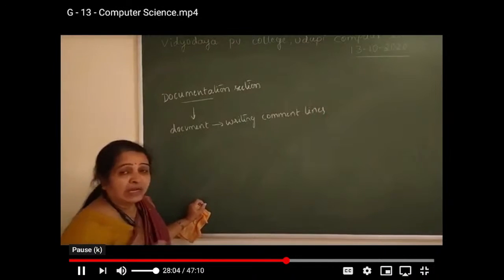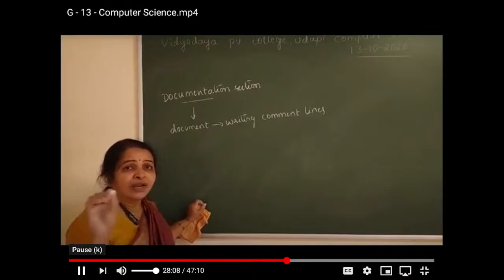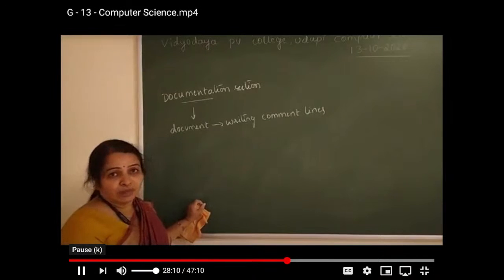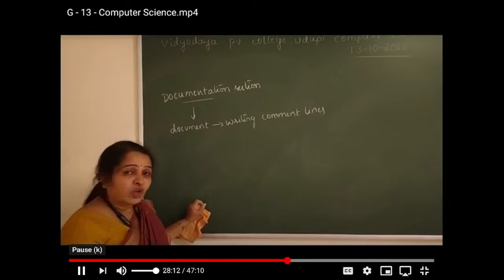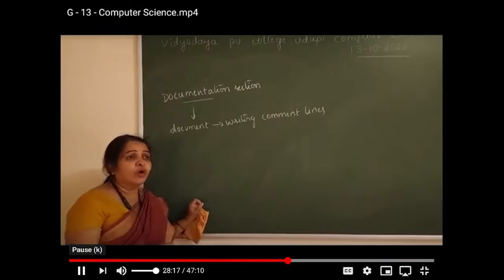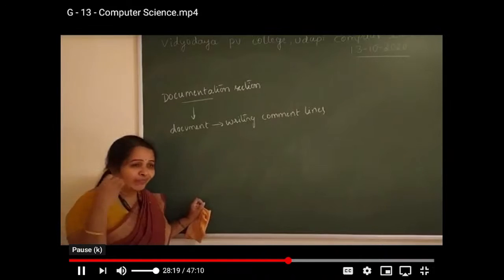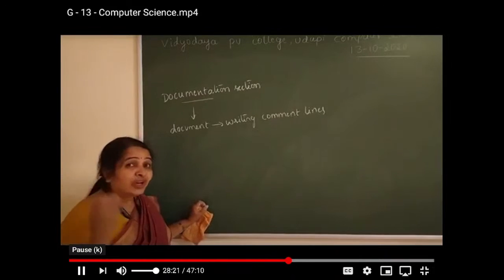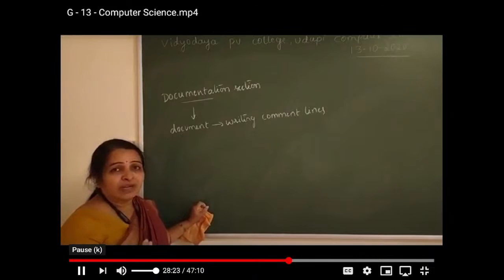What do you mean by writing the comment line? You have to write the title of the program. Why? Others also, if they want to go through your program, when they look at it, they should come to know which program it is.